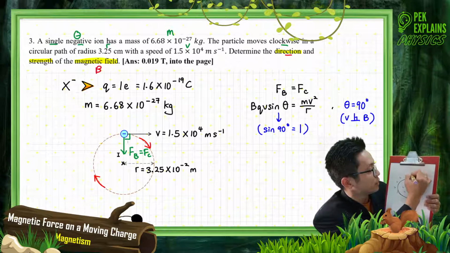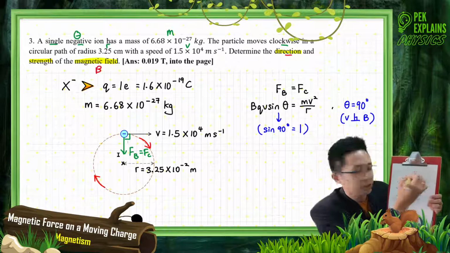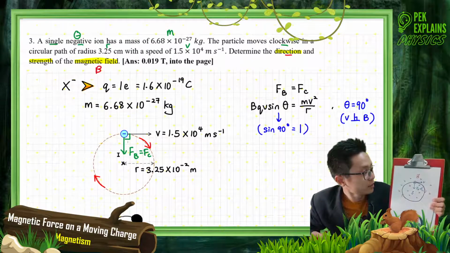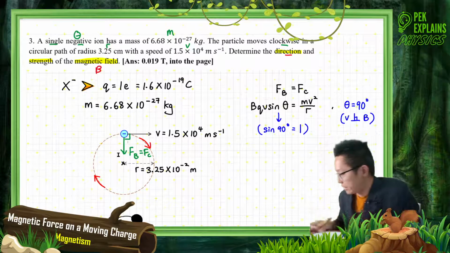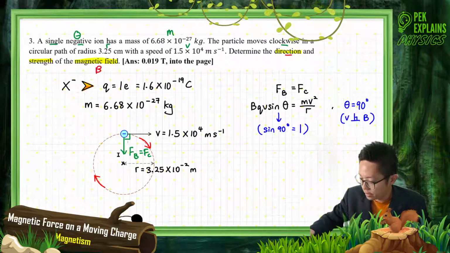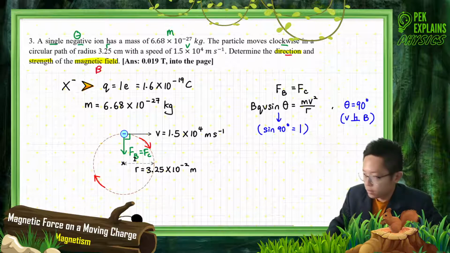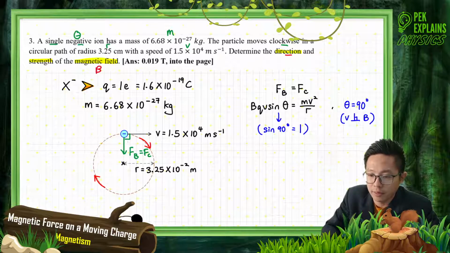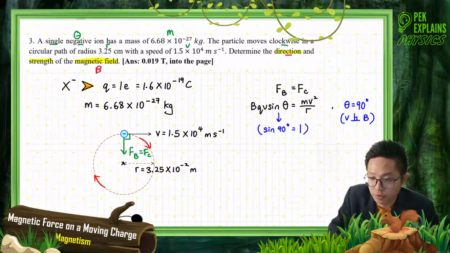So this is the magnetic field direction. Okay, let us write it down. I already got the answer. My answer is that the magnetic field is going into the page.